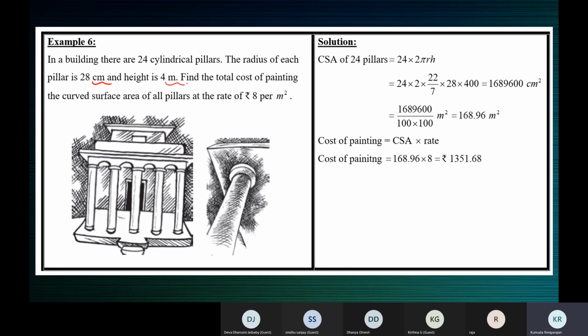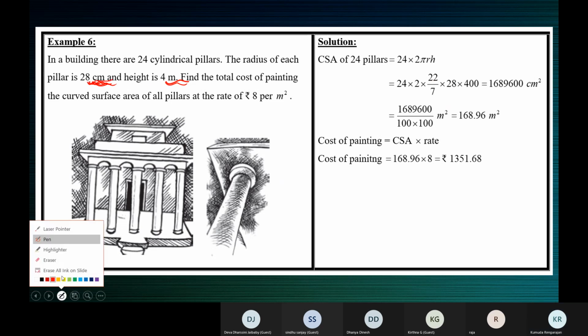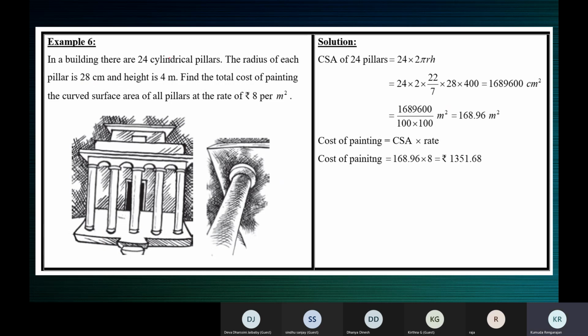Oh, radius is 28 centimeters. Okay, and the height is 4 meters. All right, children, I didn't notice. It's correct. The radius is 28 centimeters and the height of the pillar is 4 meters.